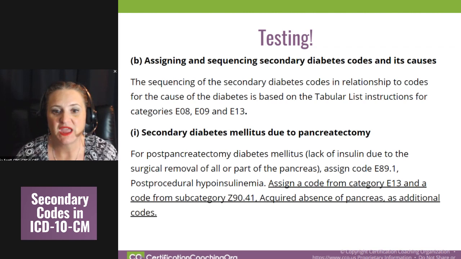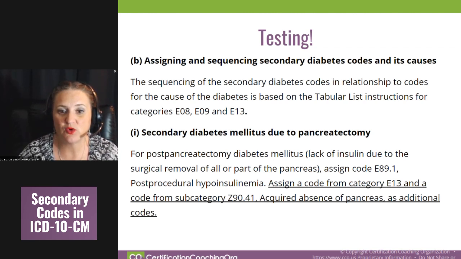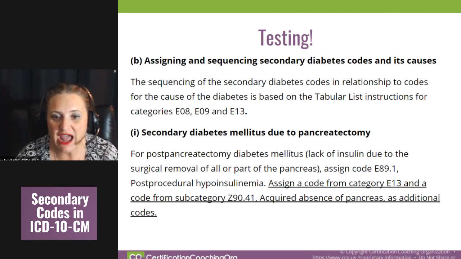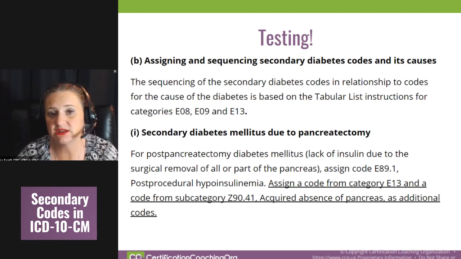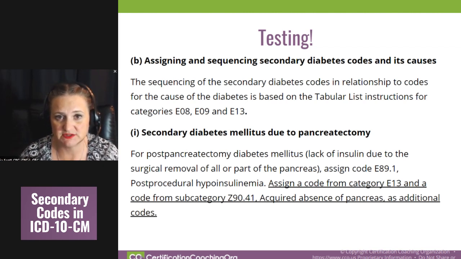Then it tells you, assign a code from category E13 and code for subcategory Z90.41, acquired absence of pancreas, as additional codes. It's telling you that if our patient has their pancreas removed, then we can't just get by with coding them as a diabetic. There are a lot of codes involved here.